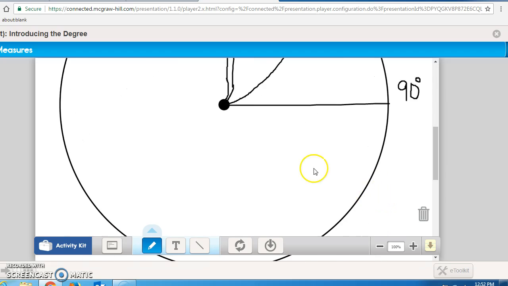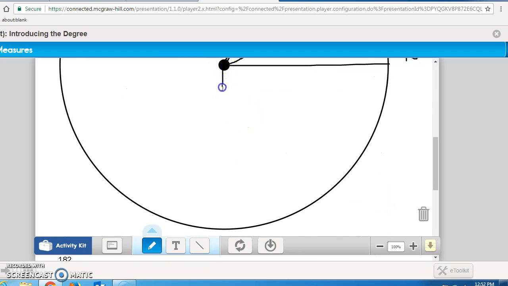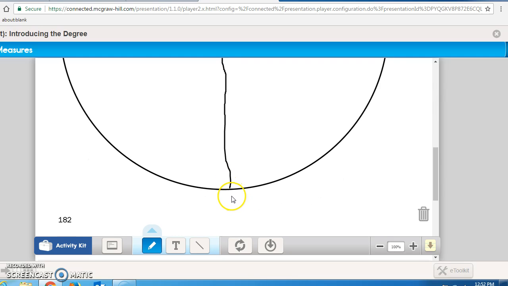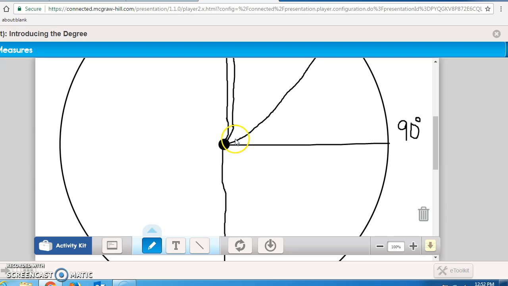Remember, if that's 90, another 90 would make your straws straight up and down. That would be 180 degrees. And if I took that same straw and now turned it clockwise and laid it perfectly straight across, this would be 270 degrees.